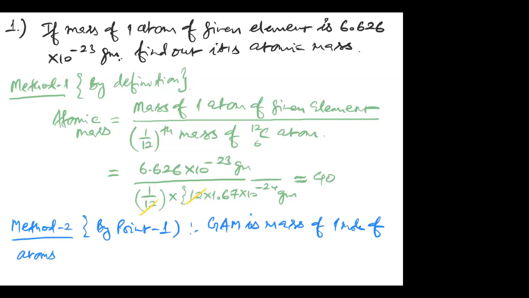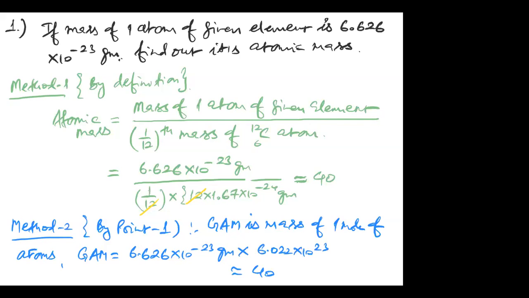Gram atomic mass is same as mass of 1 mole of atoms. And in this case, gram atomic mass, which is the mass of 1 mole of atoms, should be equal to 6.626 into 10 to the power minus 23 gram multiplied by Avogadro number, which is 6.022 into 10 to the power 23, and it also comes out to be approximately 40.